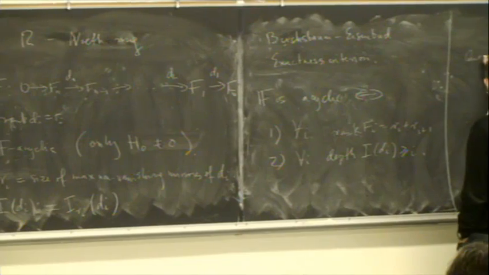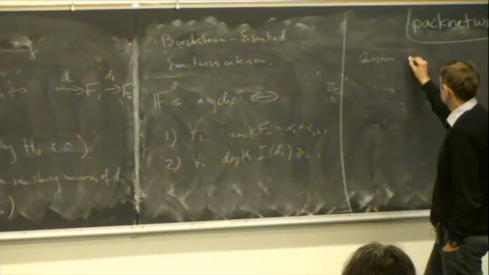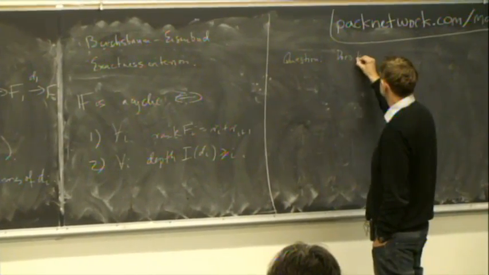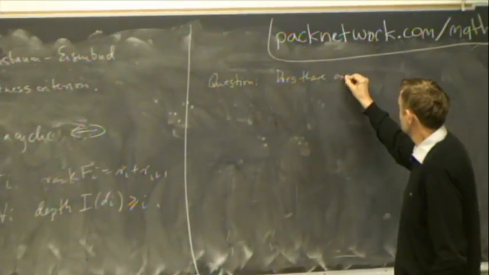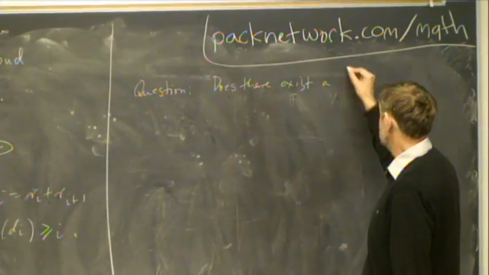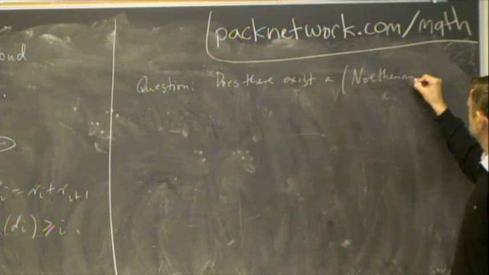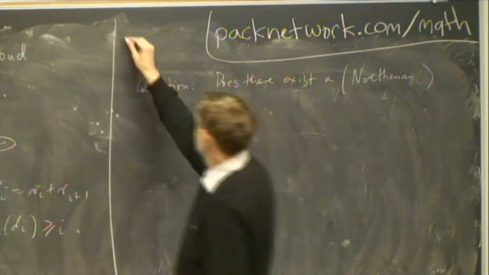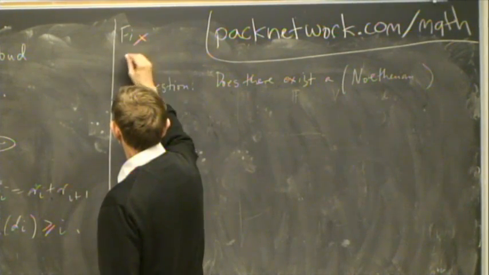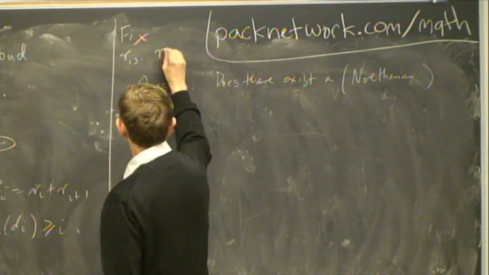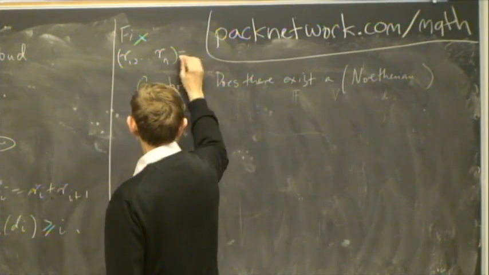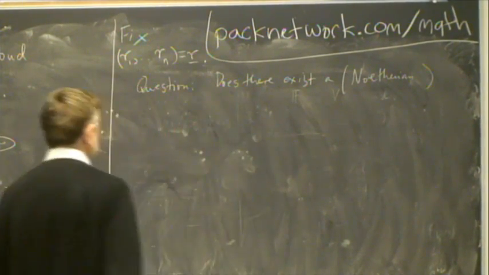So the question: does there exist... one would like to have a Noetherian... First of all, we fix the format, this n-tuple r_1, ..., r_n, and maybe sometimes I'll call it r underlined.